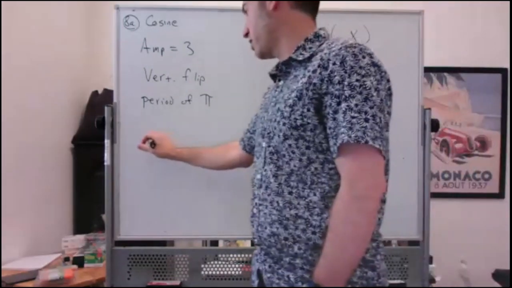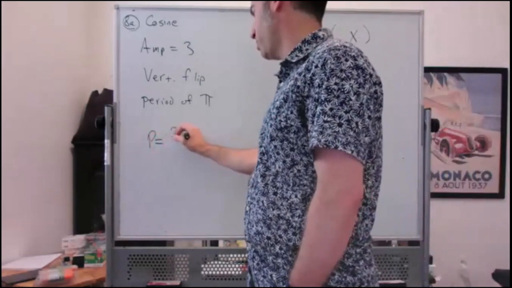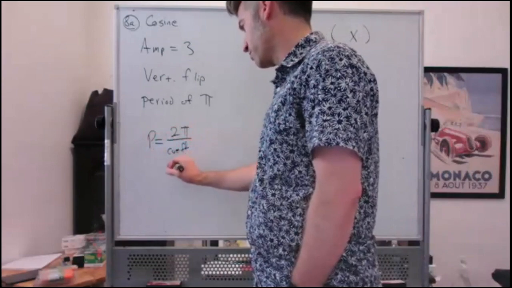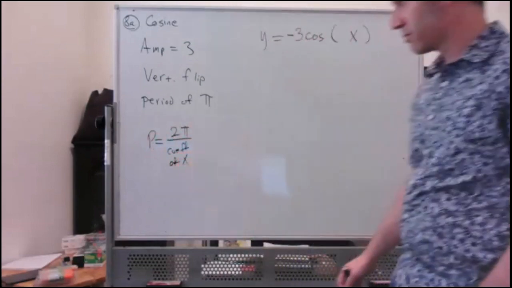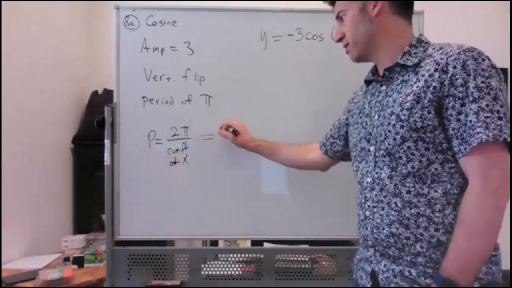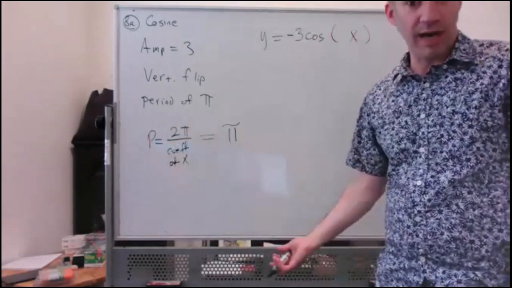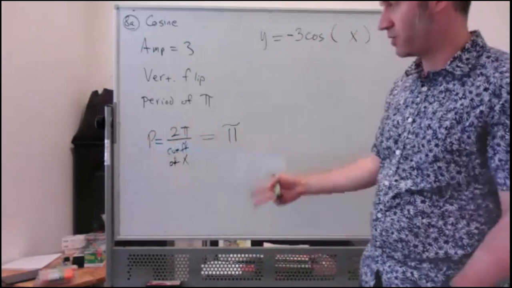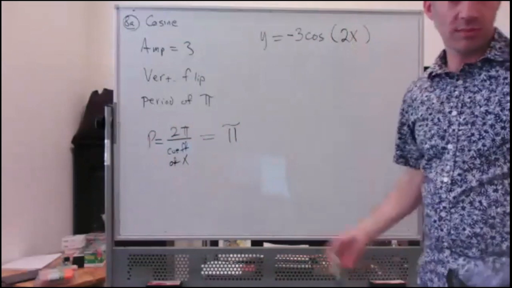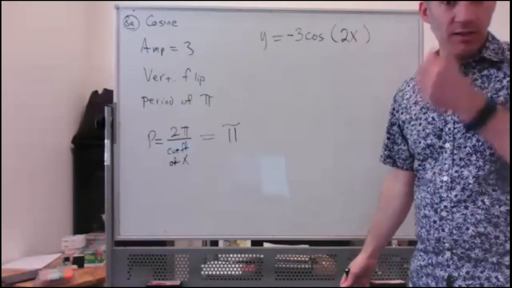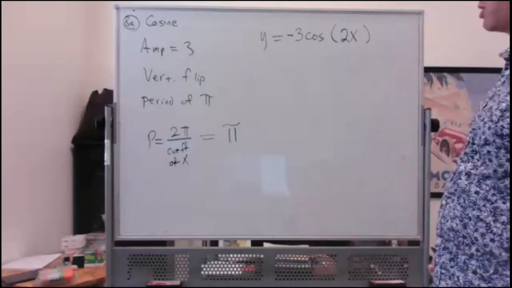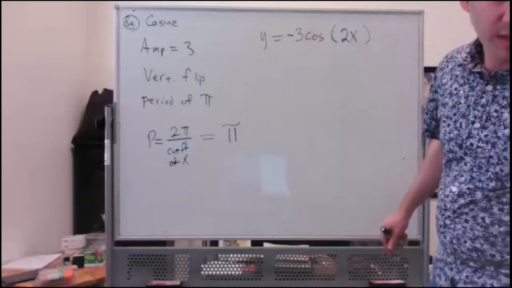And I know the period is equal to 2 pi divided by the coefficient of x. So what does the coefficient of x need to be so that this period is equal to pi? Exactly. The coefficient of x needs to be 2. There we go. That's the equation of a cosine function that has all those things.